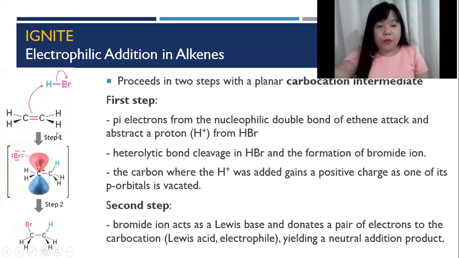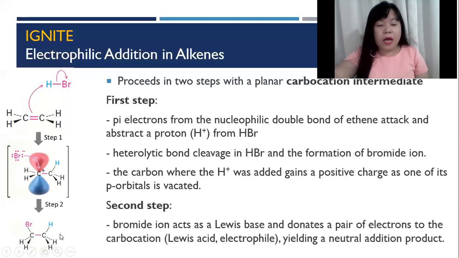So without looking at the mechanism, we simply find that the HBr has added to the double bond, cleaving the pi bond and producing 2 sigma bonds.